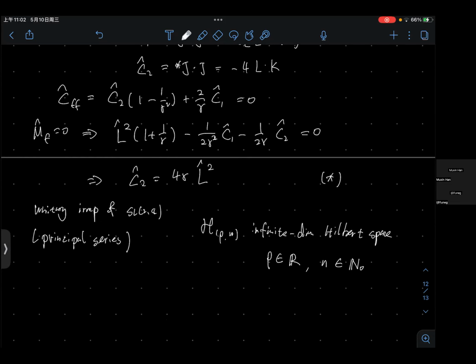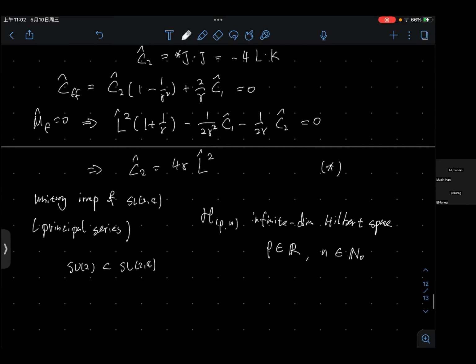You can look at the representation of the subgroup, because we know that SU2 is a subgroup of SL2C. Then any representation of SL2C is also a representation of SU2. So this Hilbert space is also a representation space of SU2, but it is no longer an irreducible representation. It will be reducible.